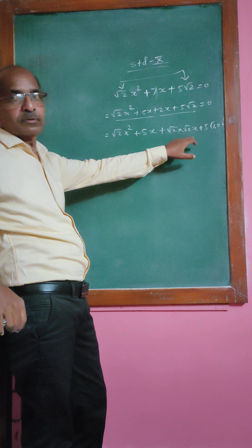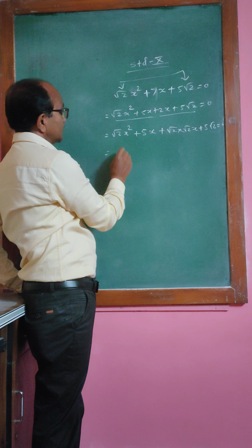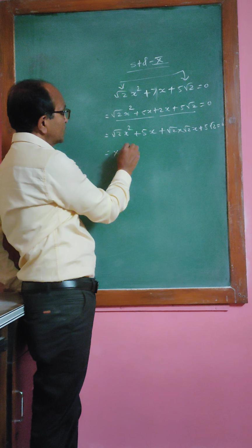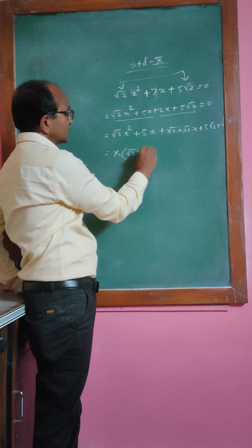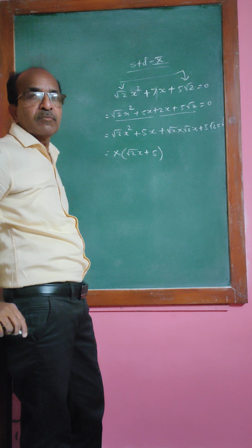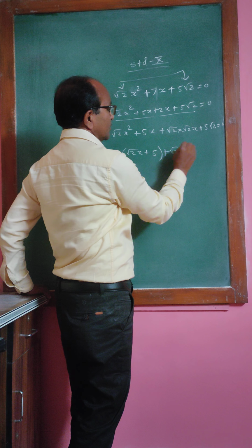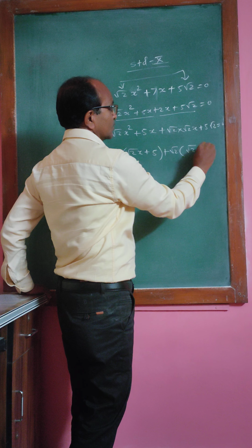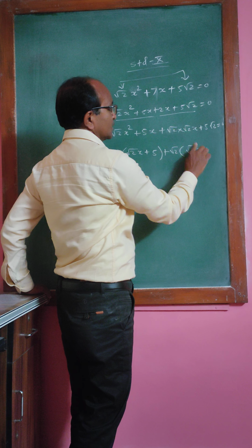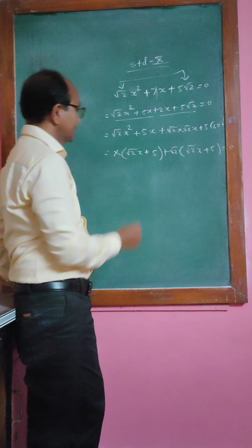Root 2 into root 2 is 2. Take common from the first two terms: only x is common, root 2x plus 5 inside the bracket, x outside. Now root 2 is common, inside the bracket root 2x plus 5, equal to 0.